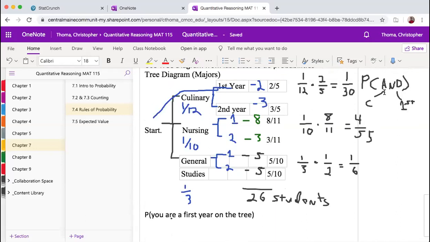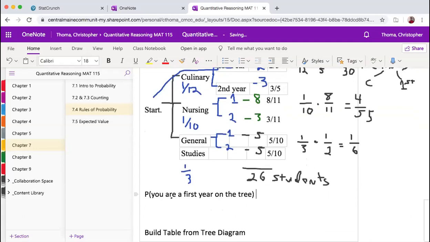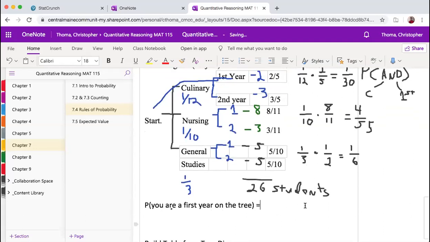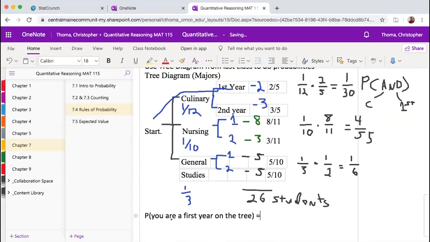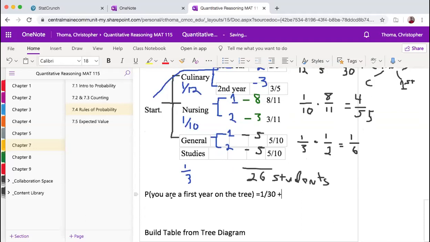These guys are first year. These guys are my first year. And these guys are my first year, right? So I just have to literally add those probabilities up. So that's 1 divided by 30 plus 4 divided by 55 plus 1 divided by 6.